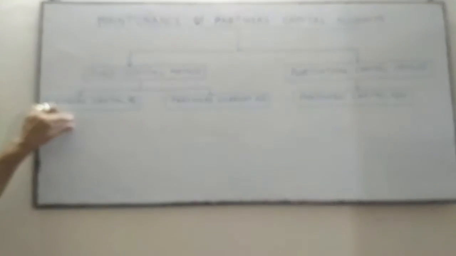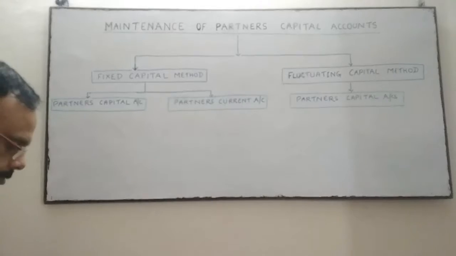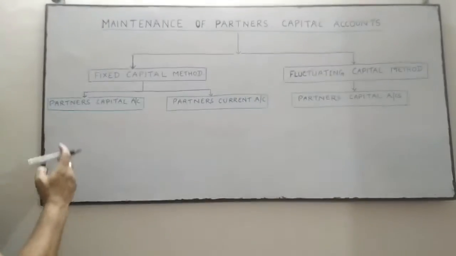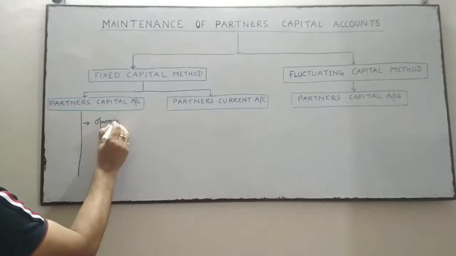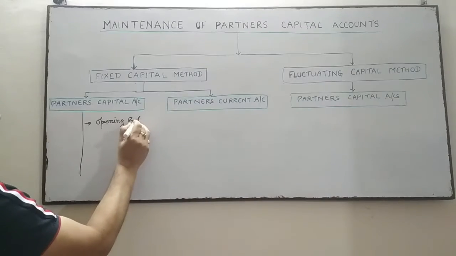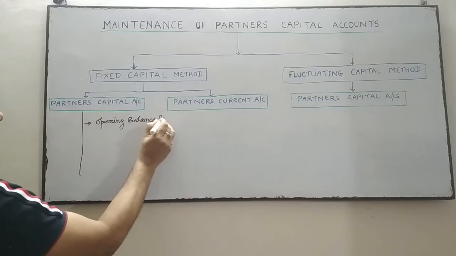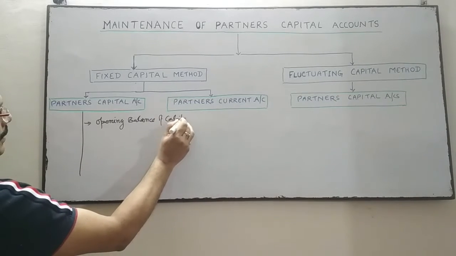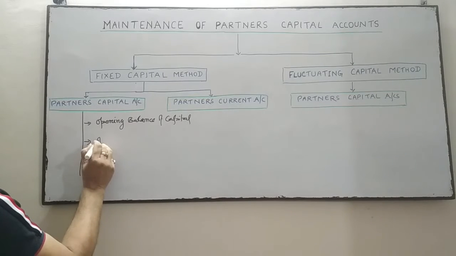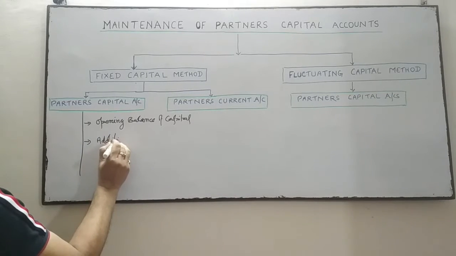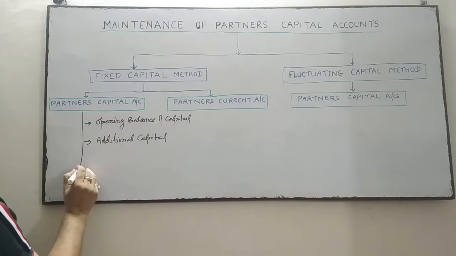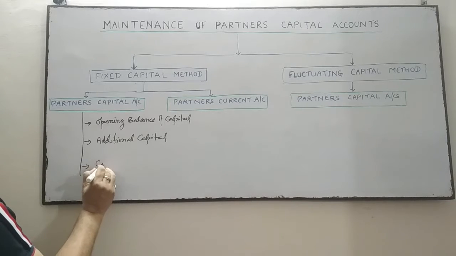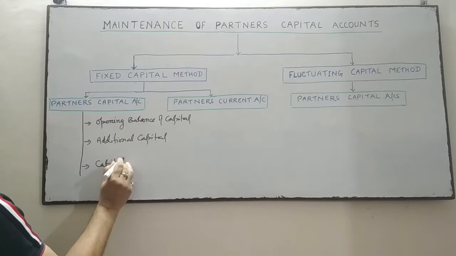Under the fixed capital method, in partners capital account, three items will be entered: opening balance of capital, additional capital, and capital withdrawn.